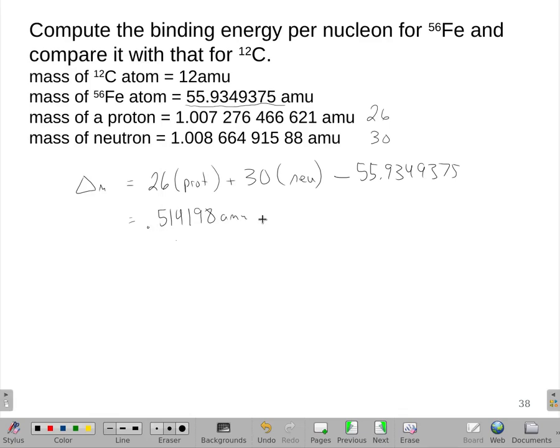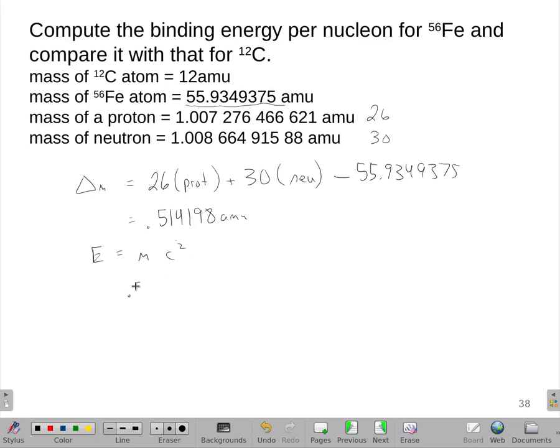Now Einstein said we could do this, E equals mc squared, and this m, even though it's a delta m, is the mass we're going to use. So the E equals that mass times the speed of light squared. Now, I want my energy in joules, so I need to convert these AMUs into kilograms.